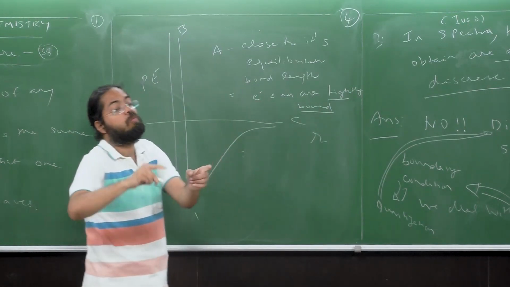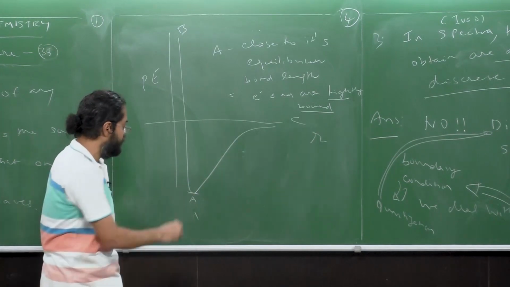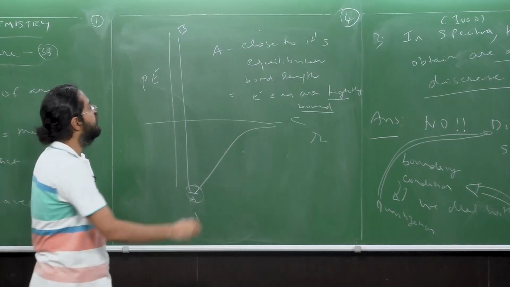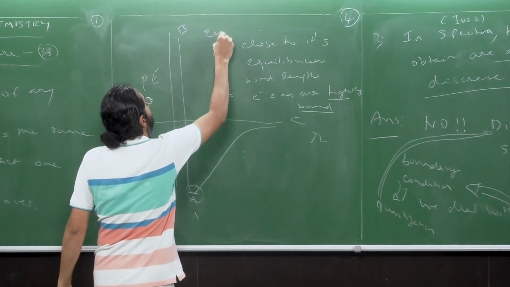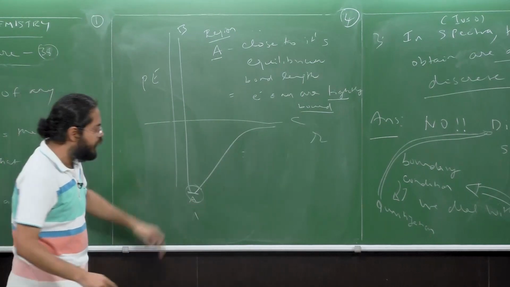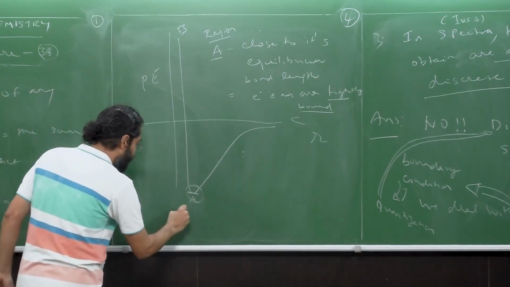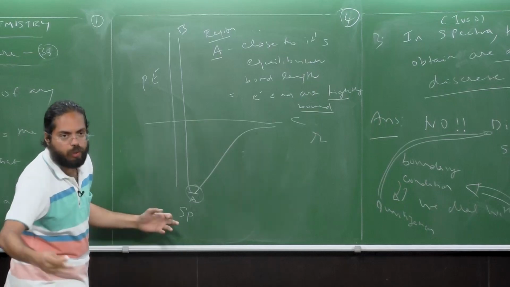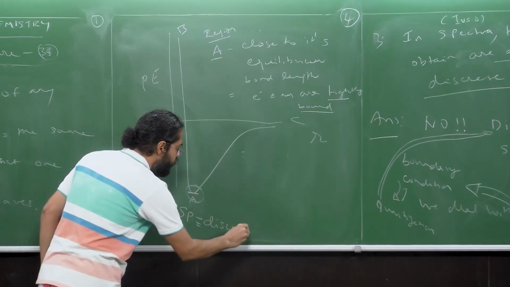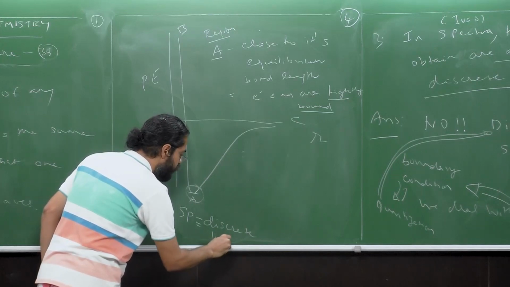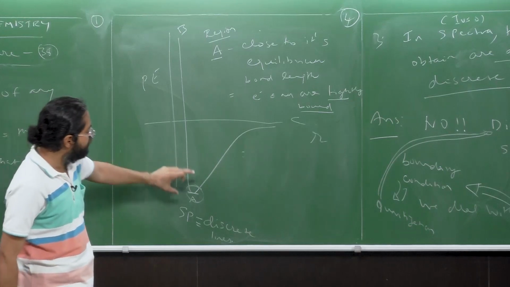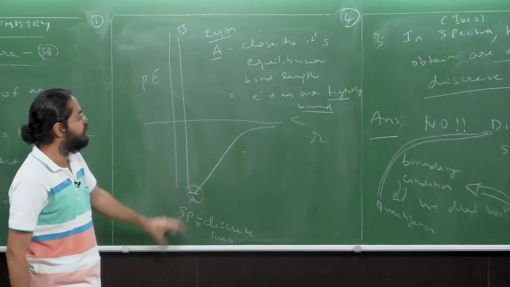When you measure the spectrum in this region, region A, the spectrum, which I'll call SP, will lead to discrete lines. Please note this carefully. So the spectrum when measured here will lead to discrete lines.